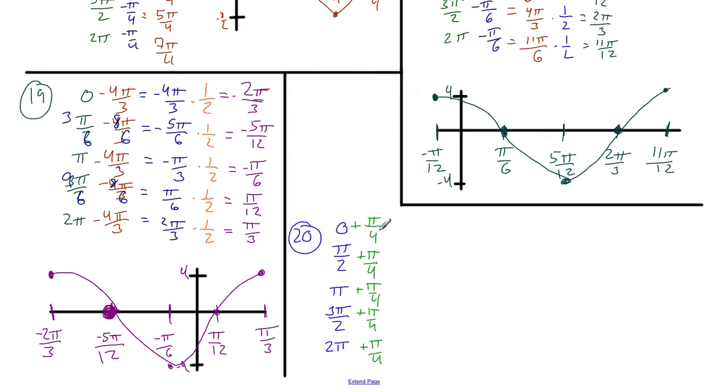When I do that, I get 0 plus pi over 4, which is pi over 4. 2 pi over 4 plus pi over 4 is 3 pi over 4. 4 pi over 4 plus pi over 4 is 5 pi over 4. 6 pi over 4 plus pi over 4 is 7 pi over 4. And 8 pi over 4 plus pi over 4 is 9 pi over 4.